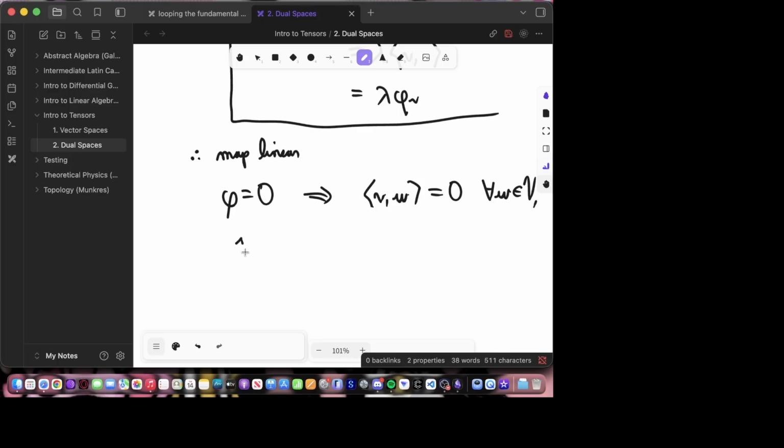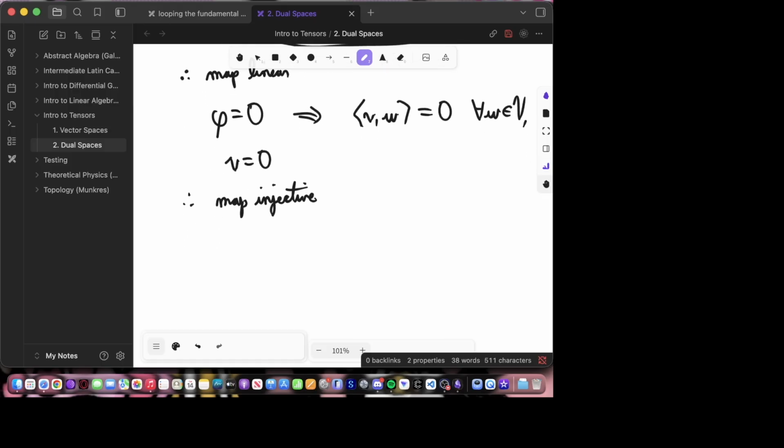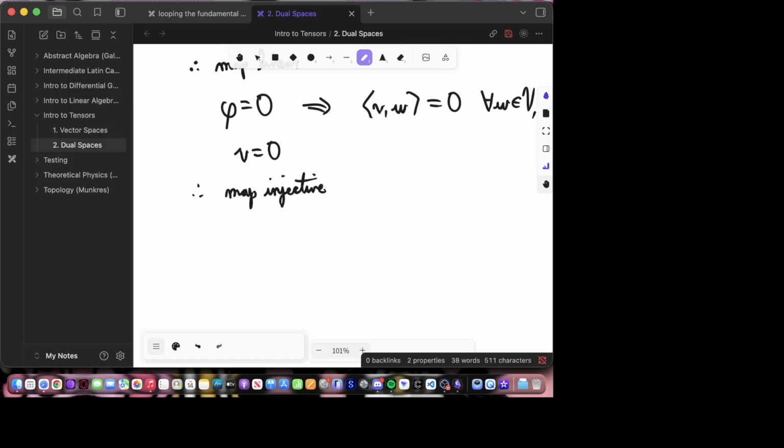And so the only possibility is that v equals 0. So the map is injective. Using our earlier result that the dimension of the vector space is equal to the dimension of the dual vector space, we conclude that the map is an isomorphism.